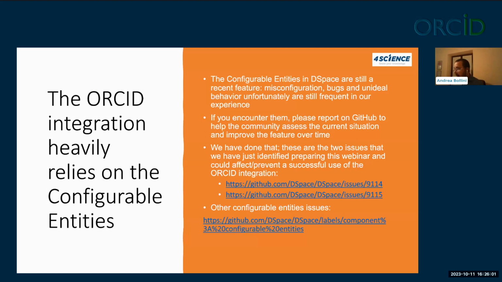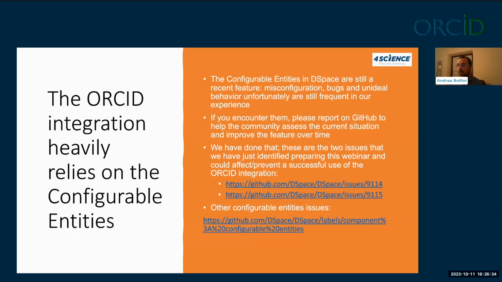The ORCID integration heavily depends on the configurable entities. So if there are misconfigurations, bugs, or unideal behavior in these configurable entities, this will affect your ORCID integration. And unfortunately, we know that this feature is still young in DSpace, and it is not unusual to have this sort of issue.